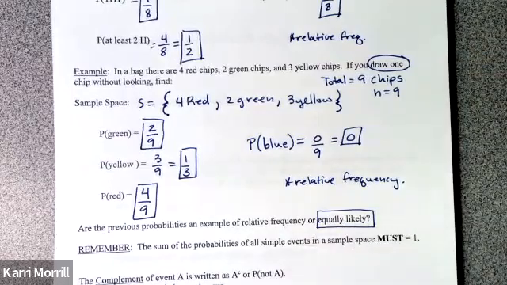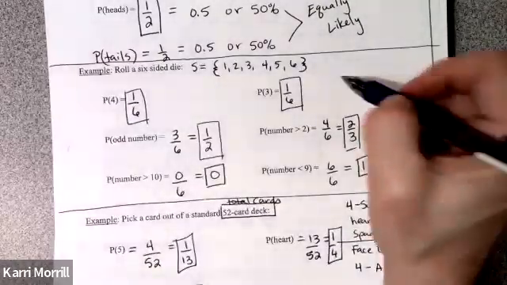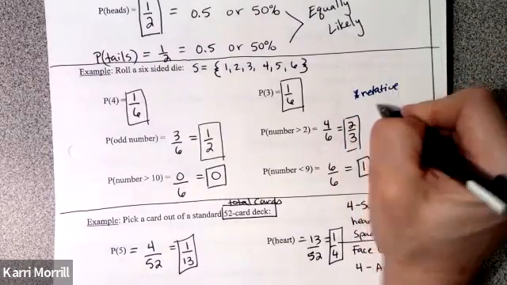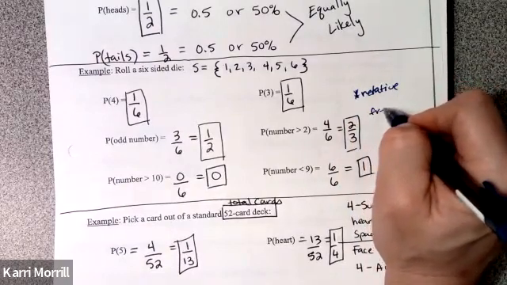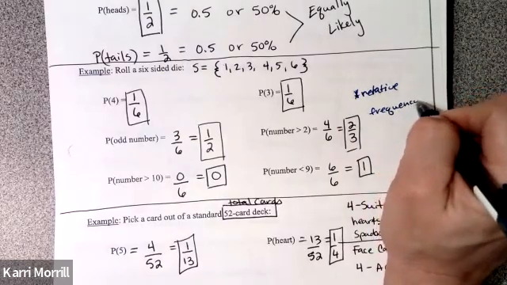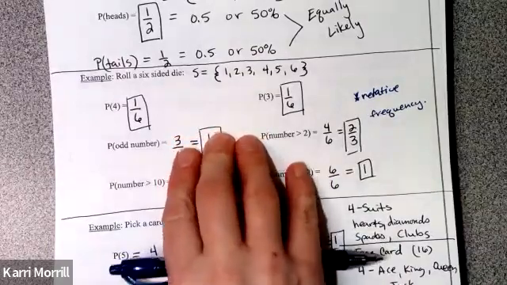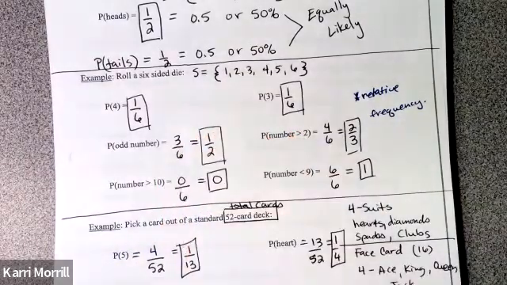And we did that on the page before. Most of these are relative frequency. They are not equally likely. But if you were only comparing those 2, chances of getting a 4 or 6, those 2 could be considered equally likely. That's it.